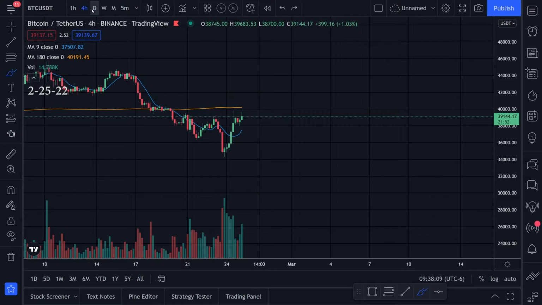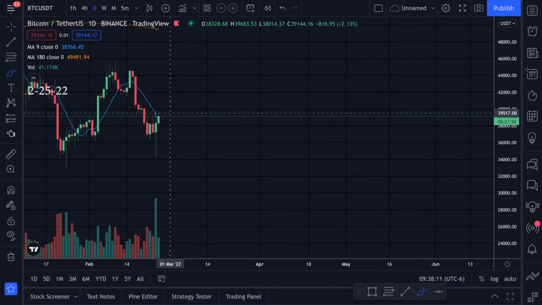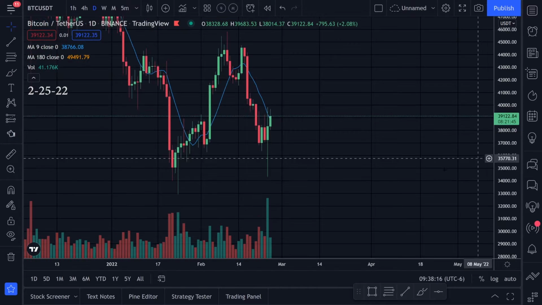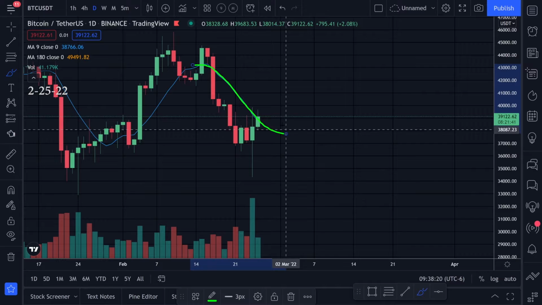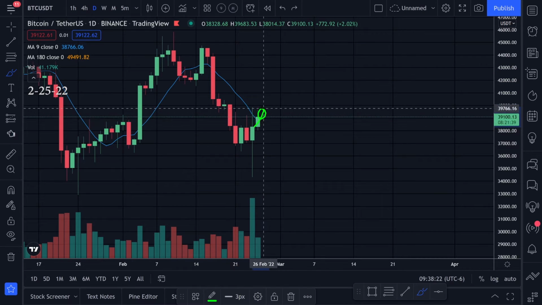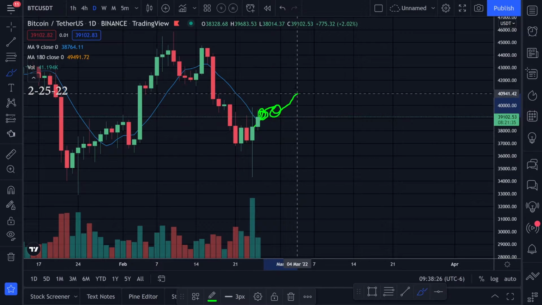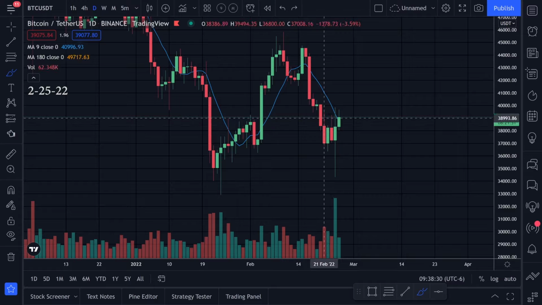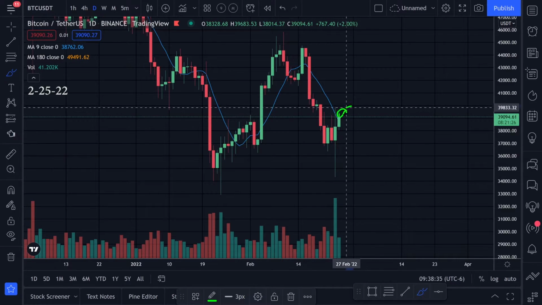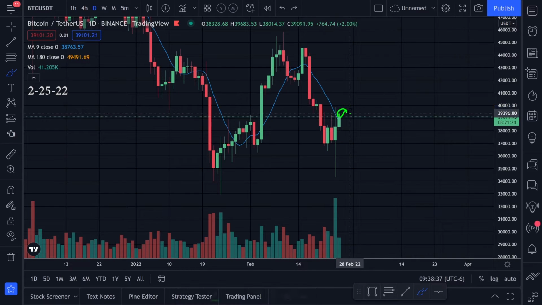And then if we jump into the daily time frame, we also cracked the daily time frame as well. What I want to see us do is close above this moving average right here, this blue line. I want to see us pop up a little bit more, close this candle, start the next candle, and continue to move up. I think that's going to be another good signal, or another good sign in general. I think that'll be a good thing. If we could close above this moving average, keep that momentum going, get another candle that's moving up.